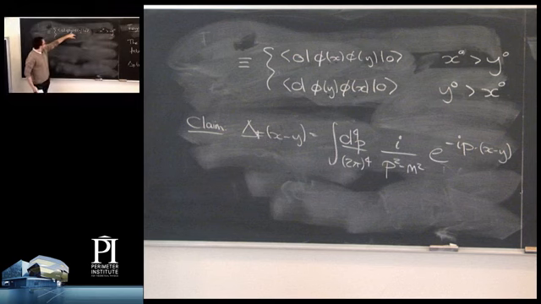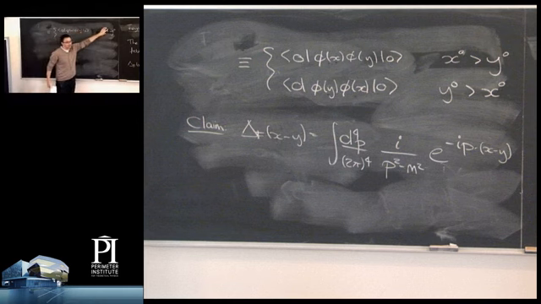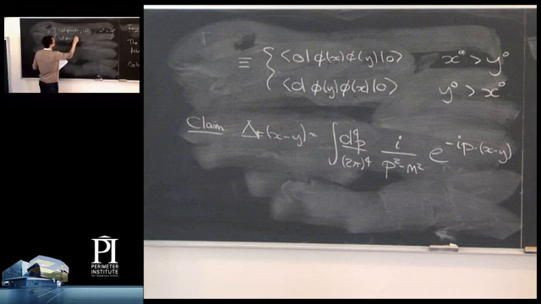If this point here, x, is later than this point, y, so if x0 is greater than y0, so again, we're really picking up the time-like component here. This is not a Lorentz invariant definition. Then you put phi x to the left. Otherwise, you put phi y to the left. So earlier operators go to the right, later operators go to the left.